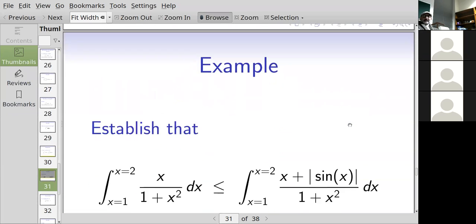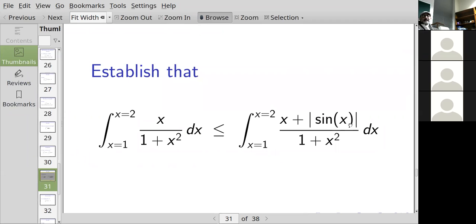Okay, a slightly less trivial example. Suppose I've got x over 1 plus x squared. I want the area under that function from x equals 1 to x equals 2. And I claim that area should be less than or equal to the area under x plus absolute value of sine x over 1 plus x squared. So what's the argument there?